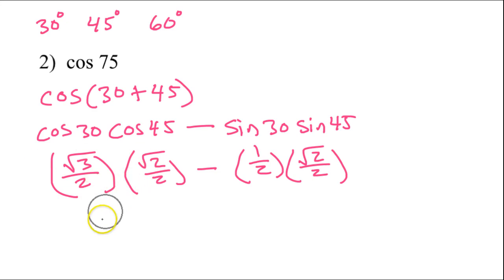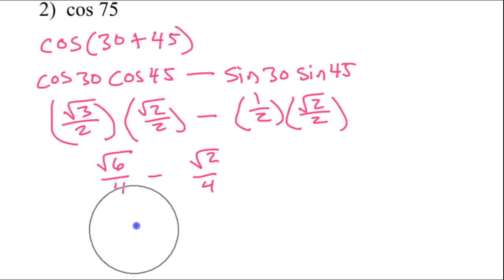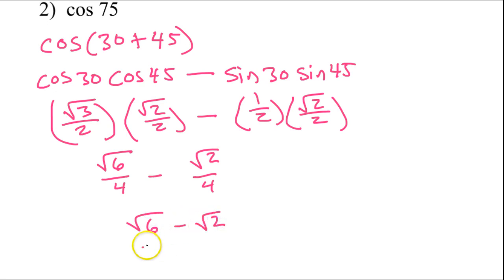Anyways, if I multiply this together, I'm going to get radical 6 over 4 minus radical 2 over 4. So that gives me radical 6 minus radical 2 over 4. And that is the final answer.